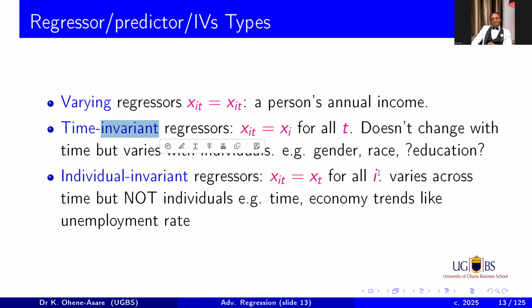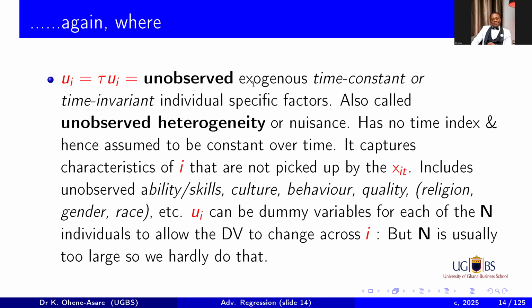The unemployment rate is changing over time. The interest rate is changing over time. The GDP is changing over time. But across individuals, it's the same. Between you and I, it's the same. The GDP is the same for you and I. But it's changing over time. So these are the three different regressors or predictors you should know about.